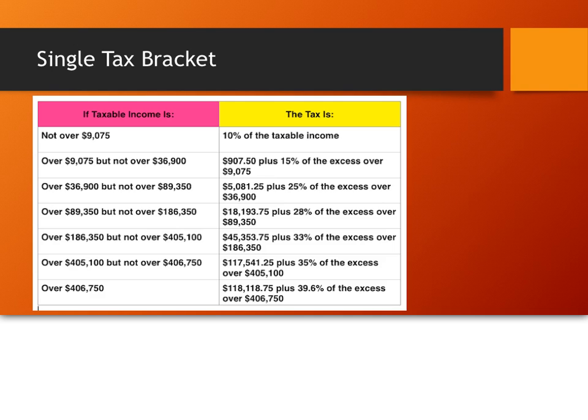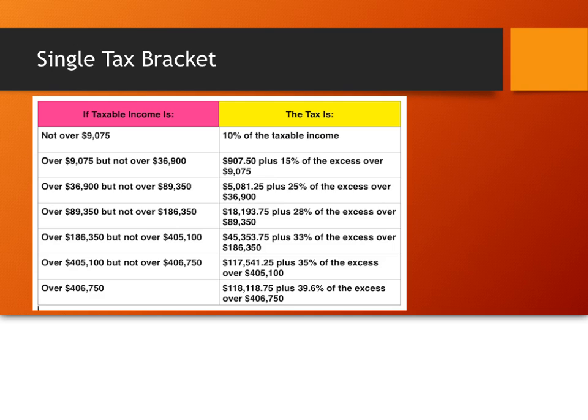So basically, if you're a single person, you'd file this tax bracket, and it says that if you don't make over 9,000, then the tax is 10%. So if you made 8,000, it's 10% on that 8,000.